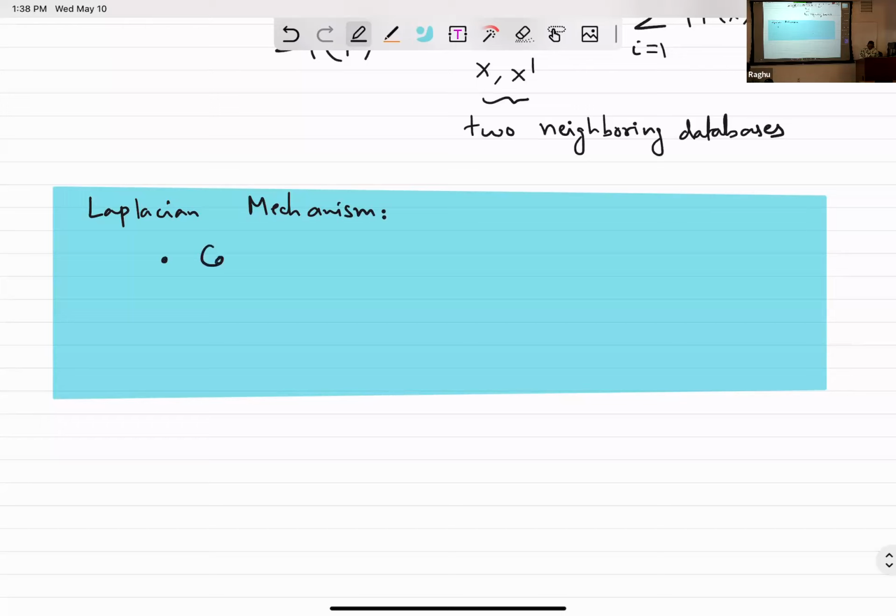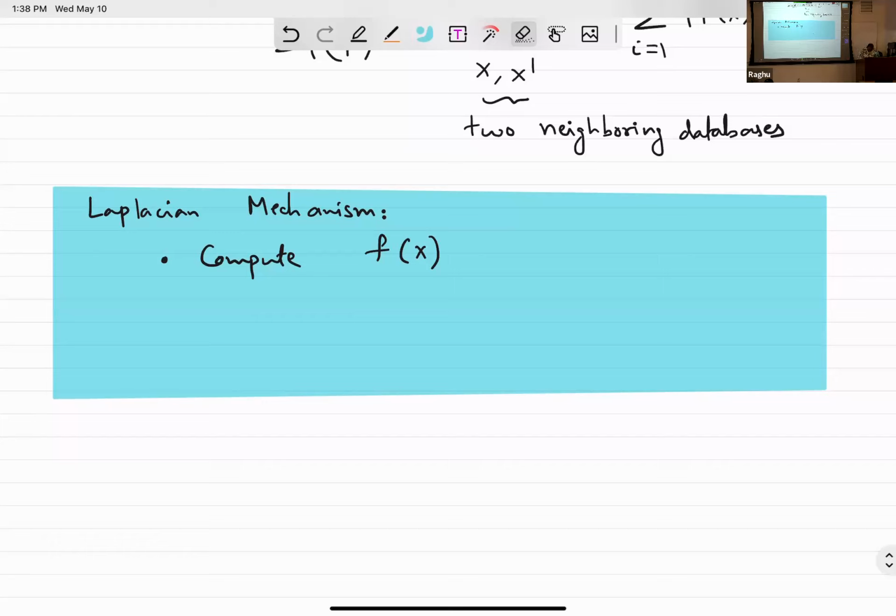So you'll compute f of x. And how would you generalize it to multivariate things? We did it for a single coordinate. If you have multiple coordinates, what should you do? Yeah, add a Laplacian to each coordinate, just add independent noise.